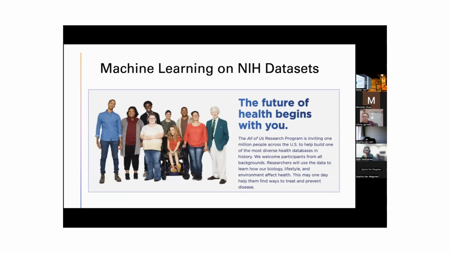Interested in machine learning on big NIH data sets. So the NIH has released this All of Us research program, which is a data set where they're aiming to get 1 million people collected.